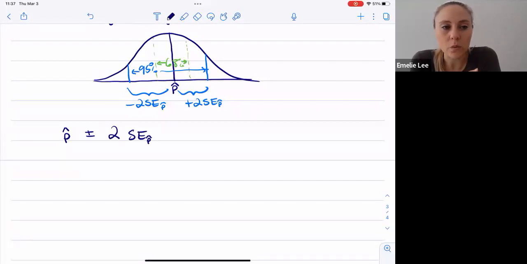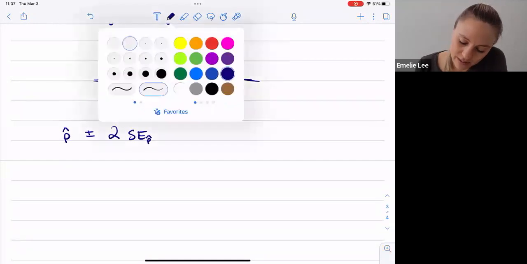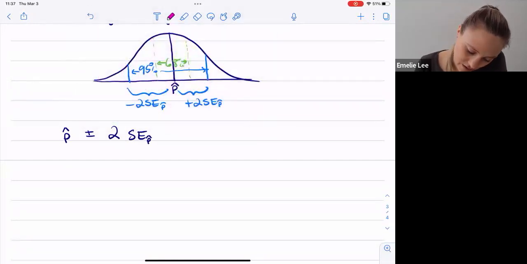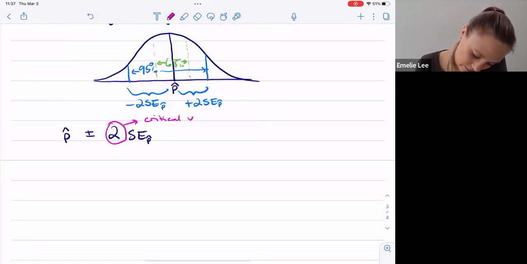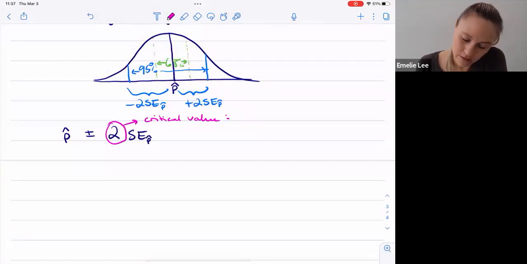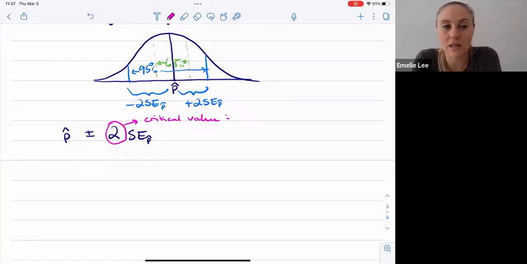Now this 2 is an approximation. I'm just introducing it with something that we know. Here, this 2 is called the critical value, and that's what determines the confidence level.